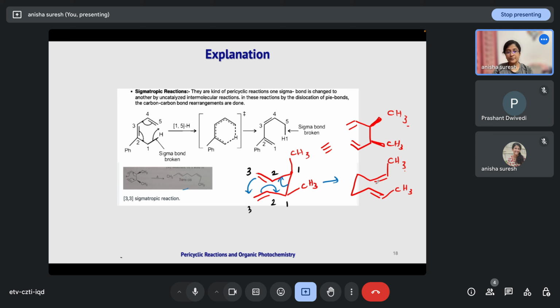Okay. So here the new alkene that is forming is having Z configuration and the other alkene is having E configuration. Fine. This is cis and this is trans.